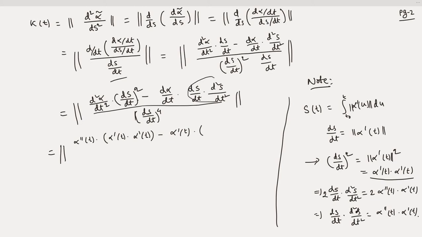So this portion is equal to alpha double prime of t dot product with alpha prime of t.